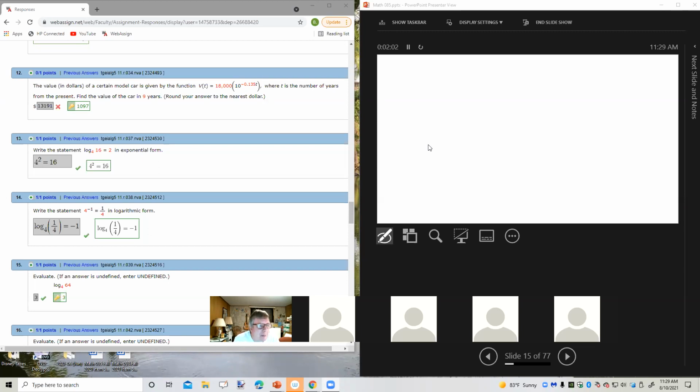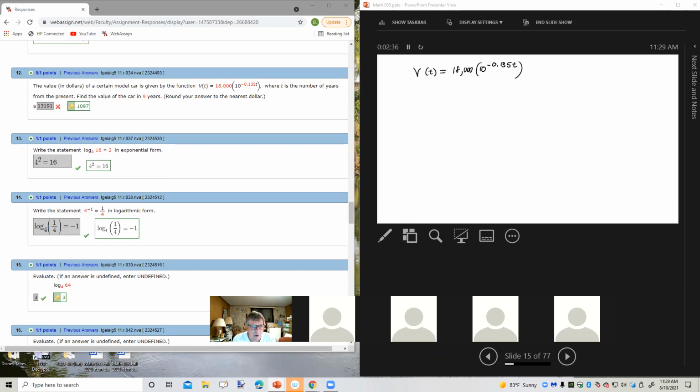Is that the right number 12? Yes. Super. The value in dollars of a certain model car is given by the function V of t equals 18,000 times 10 to the negative 0.135 t power, where t is the number of years from the present.